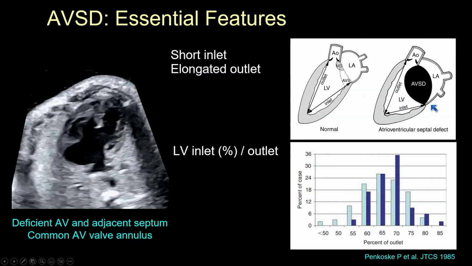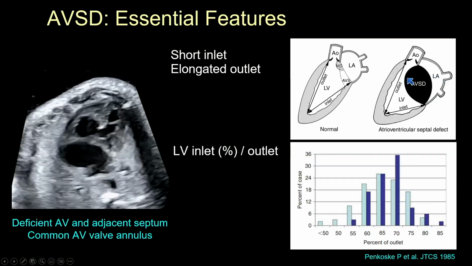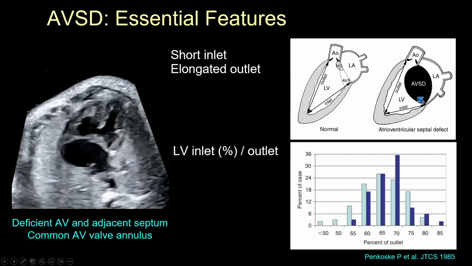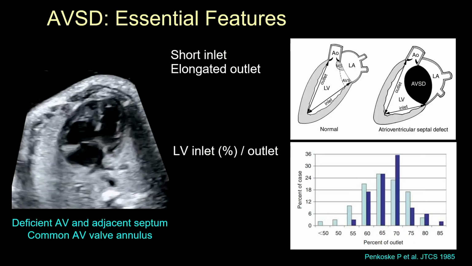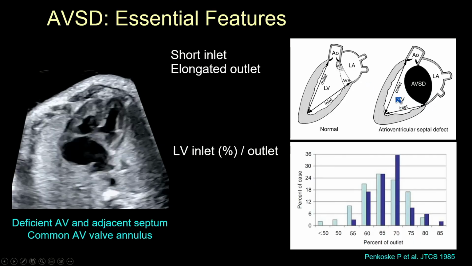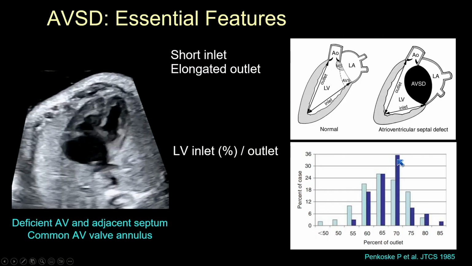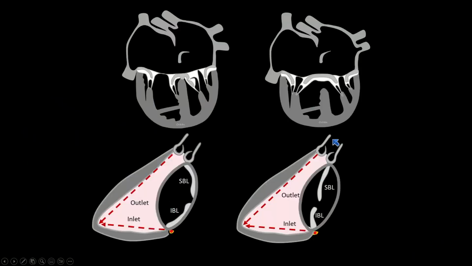And this is shown here. With AVSDs, the ventricular septum is scooped out, so it becomes shorter. The inlet portion is shorter compared to the outlet portion, and it reaches only about 70% on average. This is irrespective of whether there's a partial AVSD or a complete AVSD with a big inlet VSD.